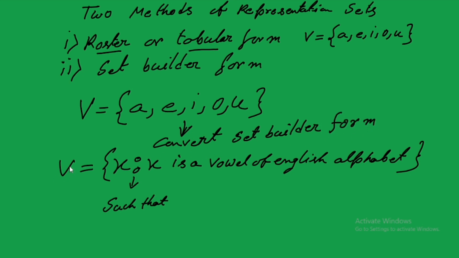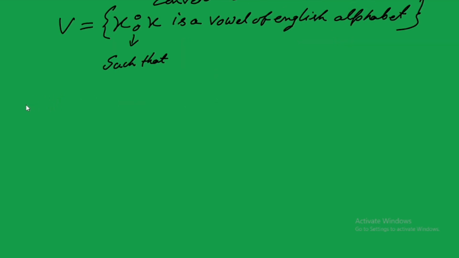This conversion is called B is equal to, in these curly braces, x such that x is a vowel of the English alphabet.